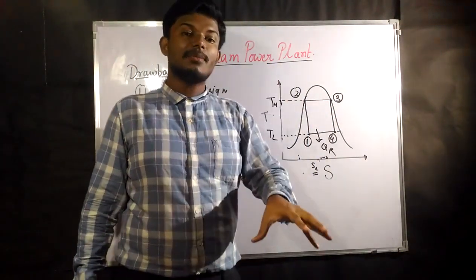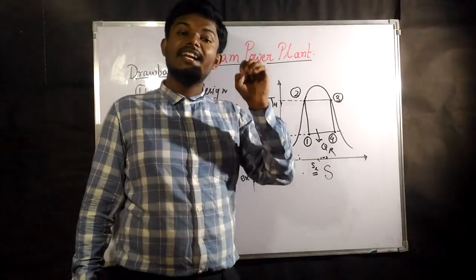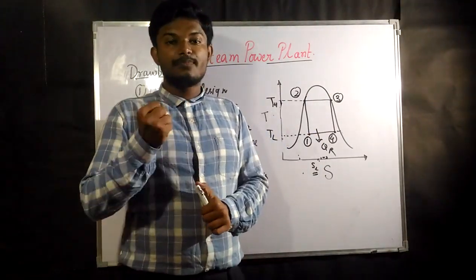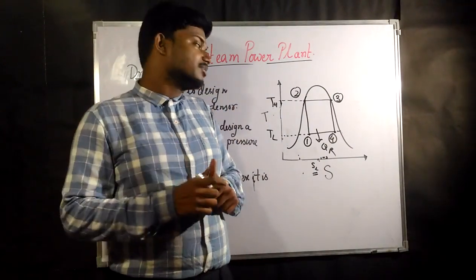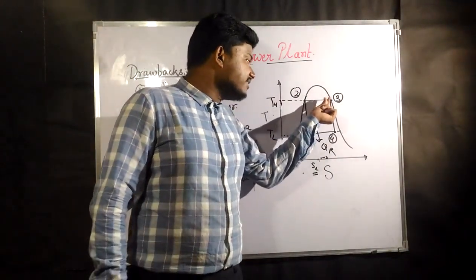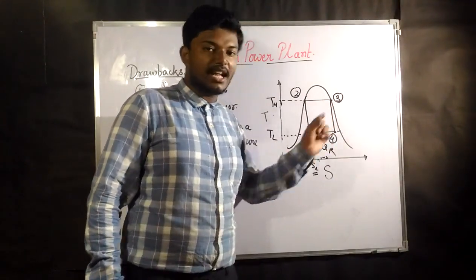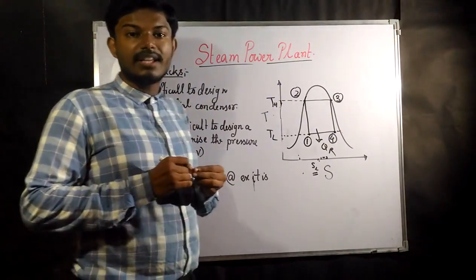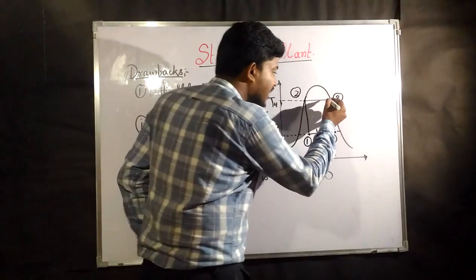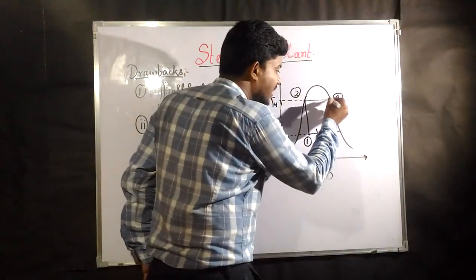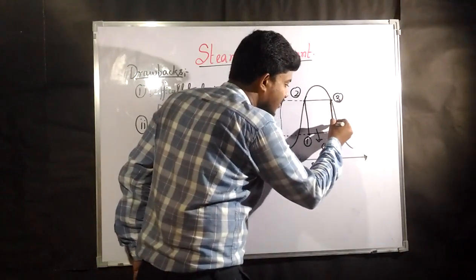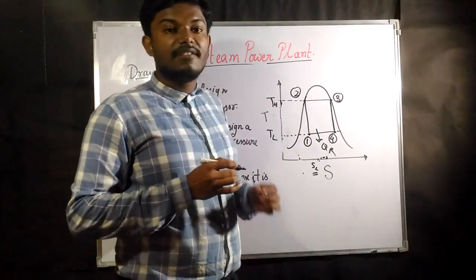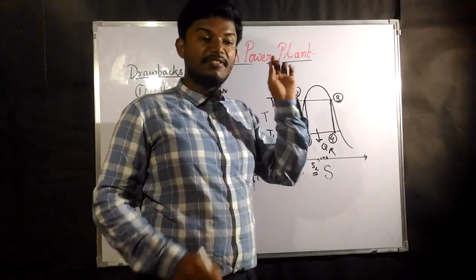Immediately we are putting it into the turbine, and in the turbine, due to the expansion, the temperature and pressure always come down. That means whenever isentropic expansion takes place in the turbine, the end product is in the wet region again. Just the inlet of the turbine is at the saturated vapor line, and after that the whole path is in the wet region.